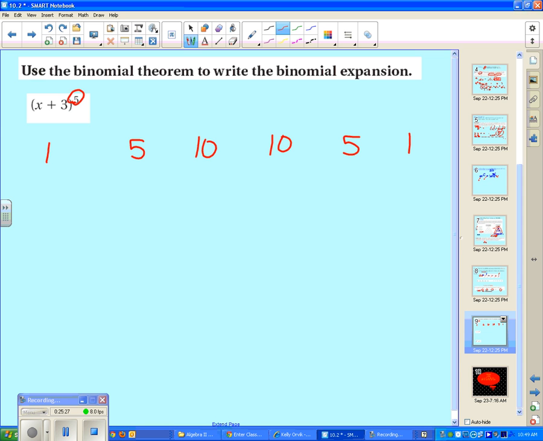Those numbers are going to be the coefficients of all of our terms if we had multiplied this whole crazy thing out to the fifth power. Okay, in each of these, we're going to have an x and a 3. Okay, always start with your first term here. Let's do the x. So I'm going to put an x in each of these.